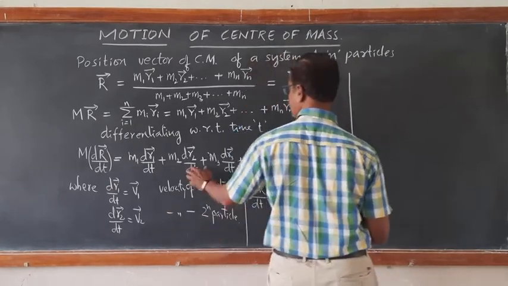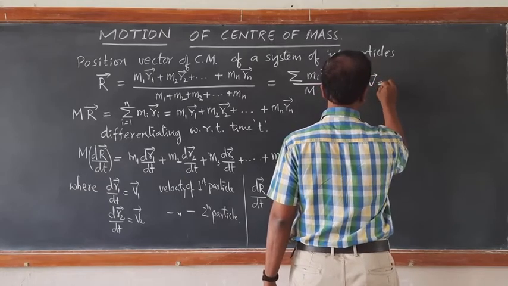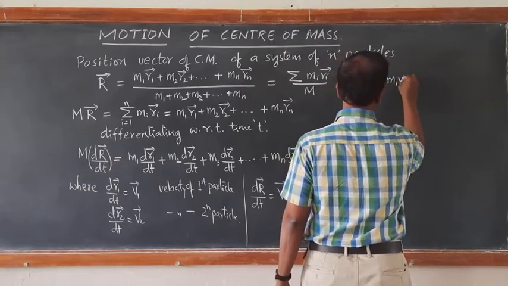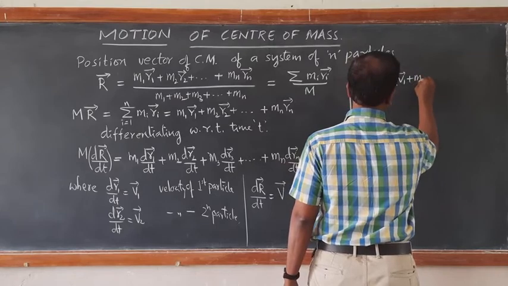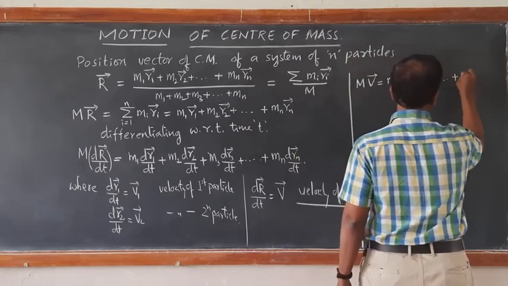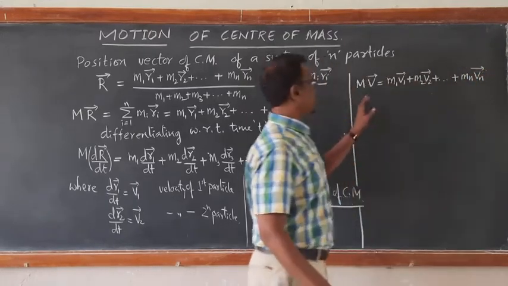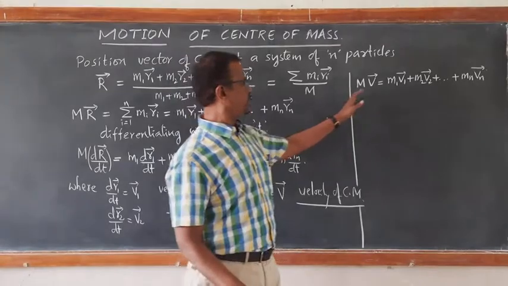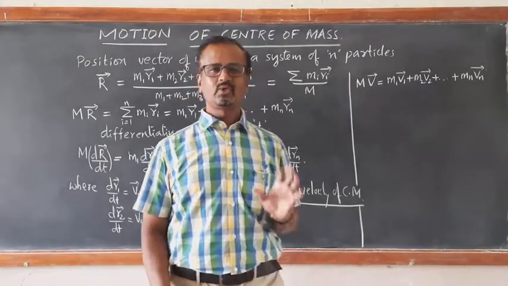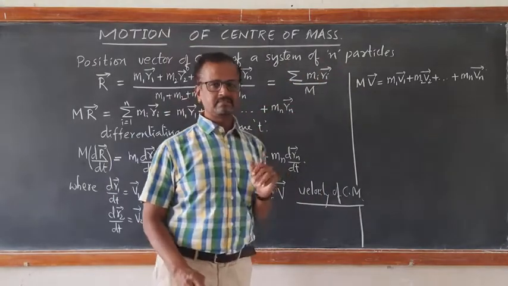Same equation I am continuing. M v vector is equal to m1 v1 vector plus m2 v2 vector plus and so on up to mn vn vector. So M v gives you total momentum of the system of n particles.